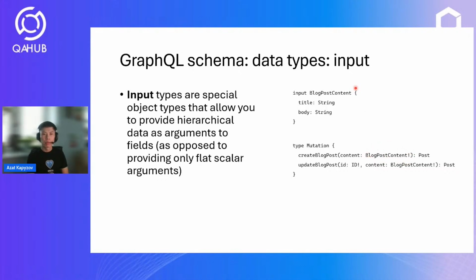Since we cannot specify this whole object in curly braces, we specify it here in one line as one input. The same works for update blog post. We specify ID, which post we want to update, and the content that we want to provide.